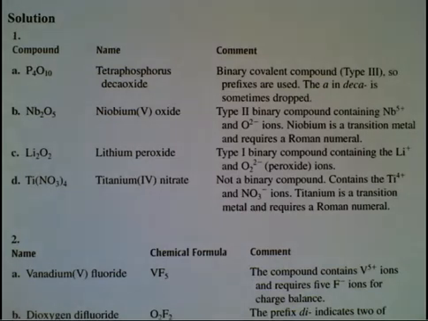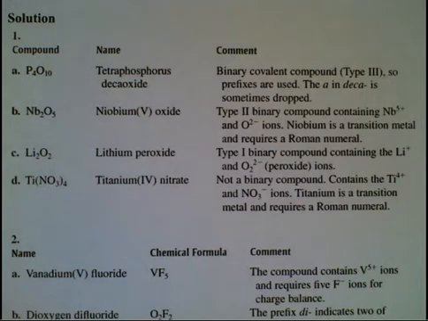So for each of these lithiums, there's only 1 electron available, and since there are 2 of them, there's a total of 2 electrons available. So even though the oxygen does ionize, it does not form each individual O2-. It forms an O2 with a -2 charge, and that's a peroxide ion. So this is lithium peroxide.